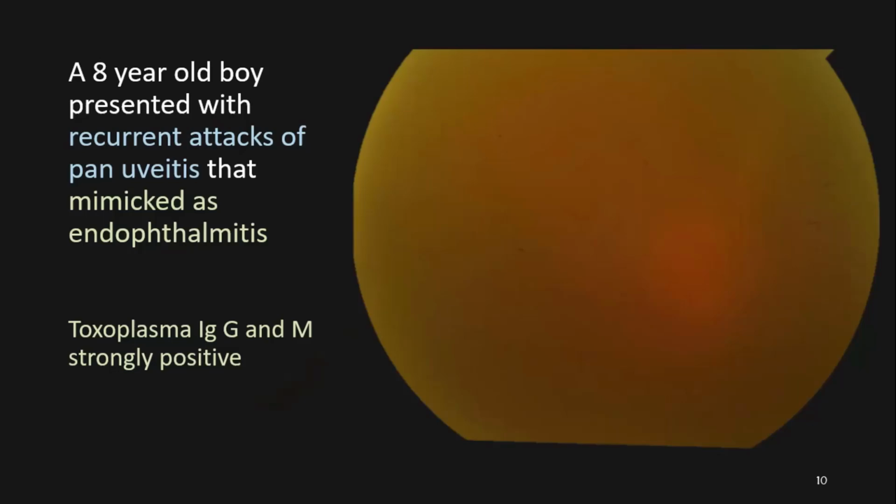This was one of my true patients who presented in the second month when we started the uvea clinic in the year 2010. Dr. Veena madam sent this child. This patient had a recurrent attack of panuveitis and was referred to our beloved retina clinic, and they handled it as endophthalmitis.